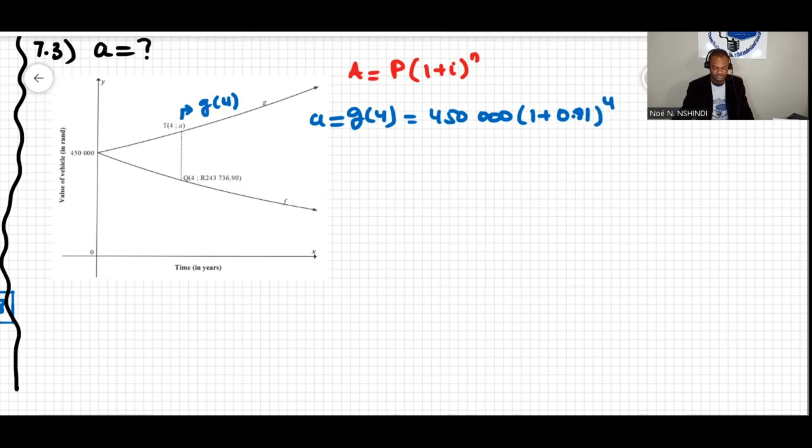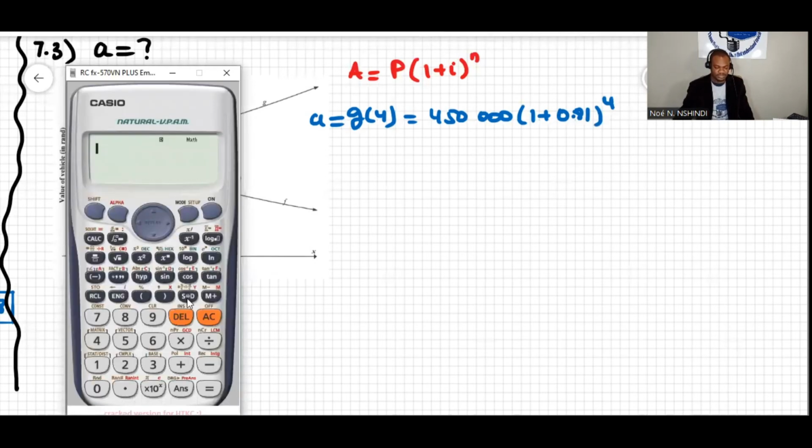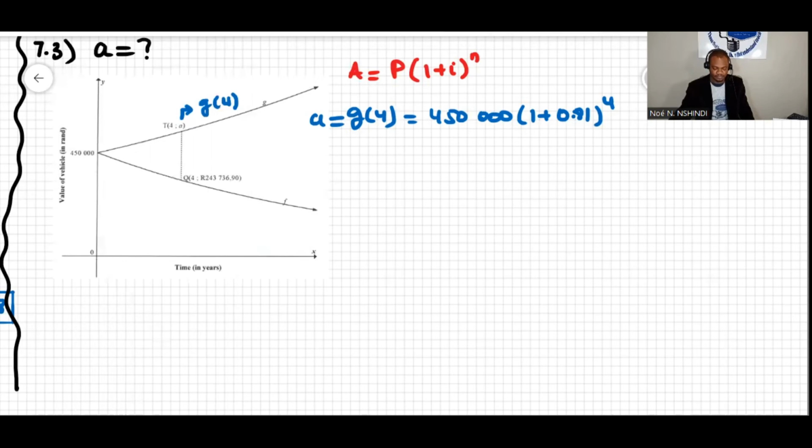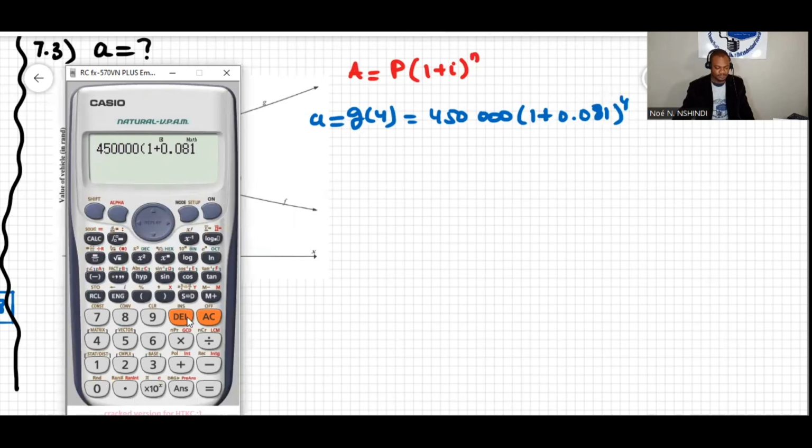Then let's use a calculator: 450,000, open bracket 1 plus 0.081, close bracket, all to the power of 4.